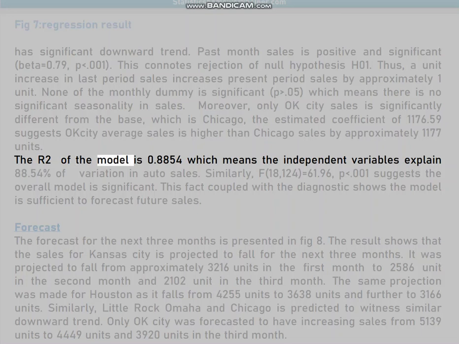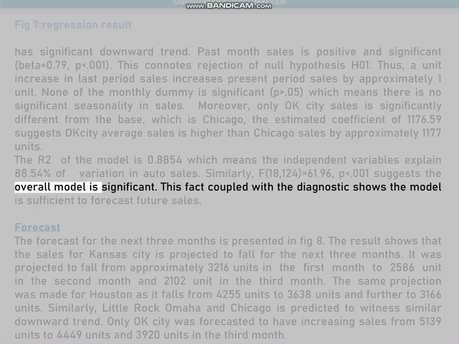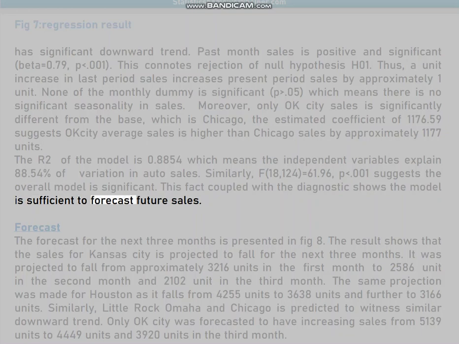The R2 of the model is 0.8854, which means the independent variables explain 88.54% of variation in auto sales. Similarly, F(18, 124) equals 61.96, p less than 0.001, suggests the overall model is significant. This fact coupled with the diagnostic shows the model is sufficient to forecast future sales.